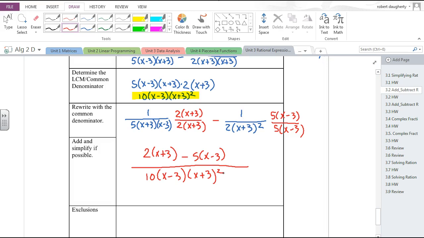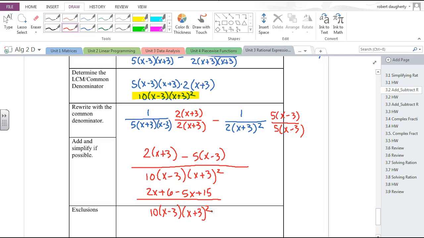And then you distribute and you'll get 2x plus 6 minus 5x plus 15, all of that over 10 times x minus 3, x plus 3 squared.